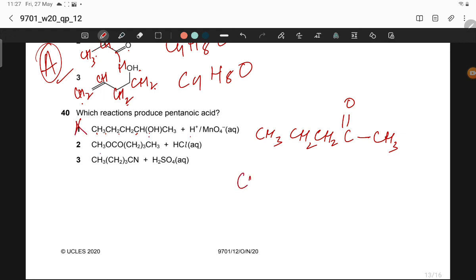CH3, C double bond O, CH2, CH3. Yes, pentanoic acid is formed.